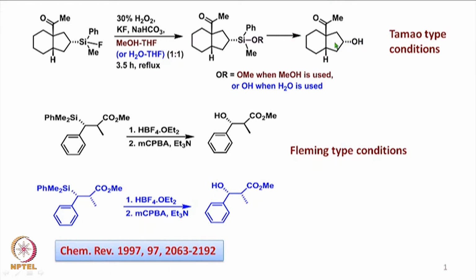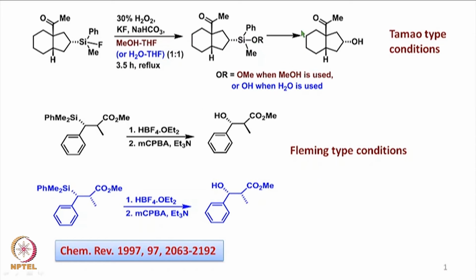It has been shown that when methanol is used as a solvent along with THF, then an intermediate of this kind, where OR is nothing but O-methyl, is obtained as an intermediate, or when water THF is used as a solvent system, then the OH group has been observed to be present.